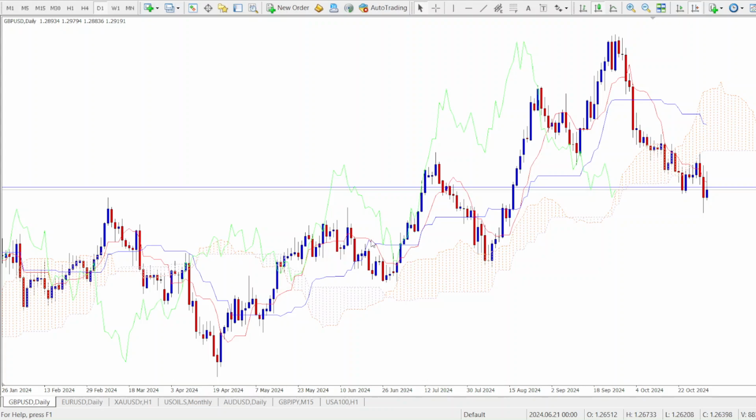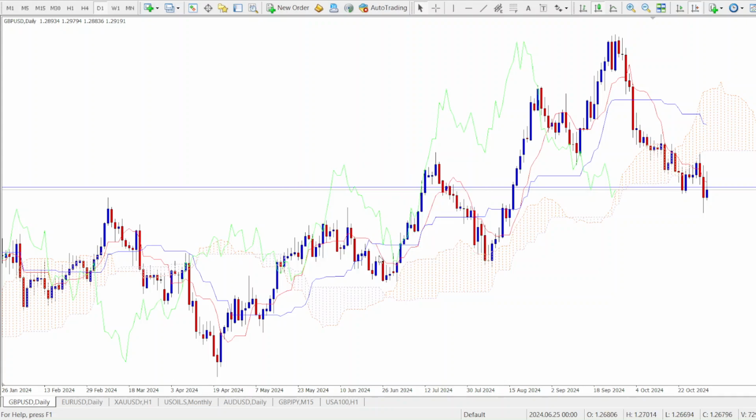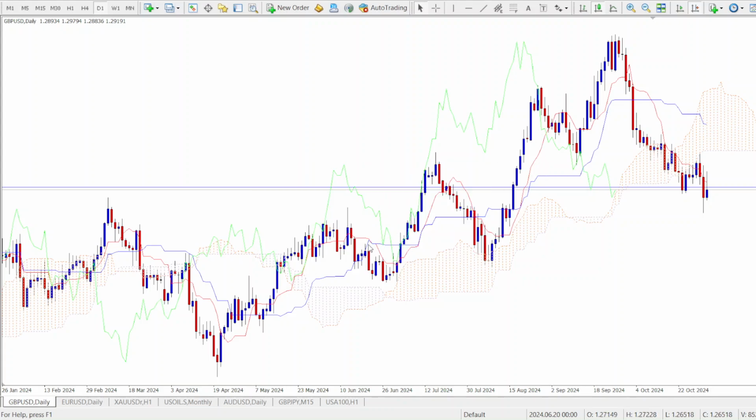On the other hand, when you have the Tenkan-Sen cross below the Kijun-Sen, then you have a bearish signal. If you see a bullish cross happening above the Kumo cloud, like what happened here, it's a strong indication of upward momentum, while a bearish cross below the Kumo cloud hints at possible downward momentum.